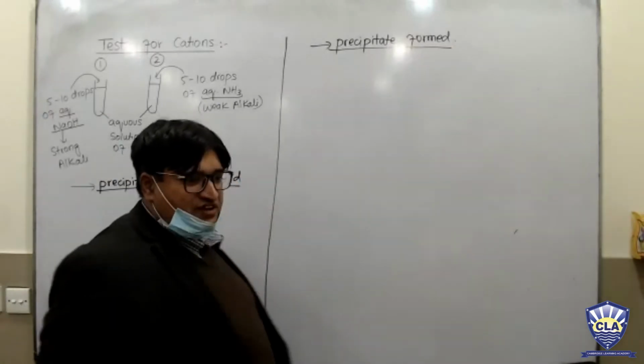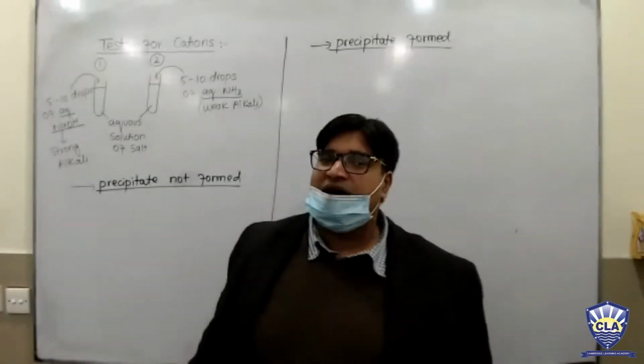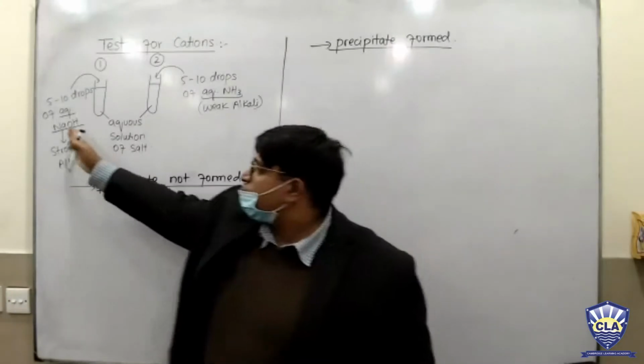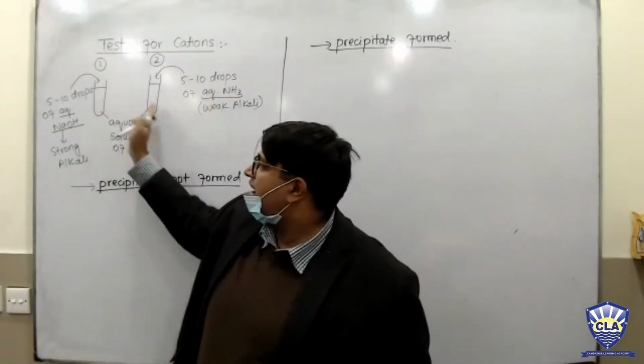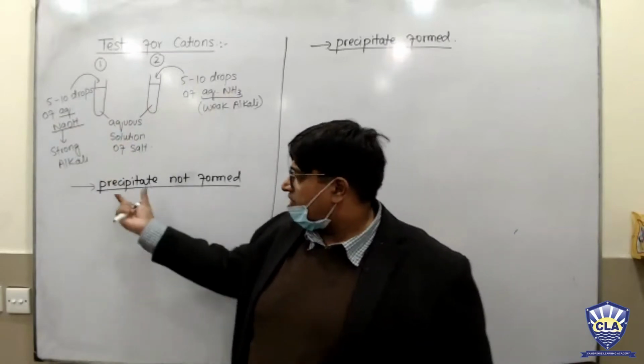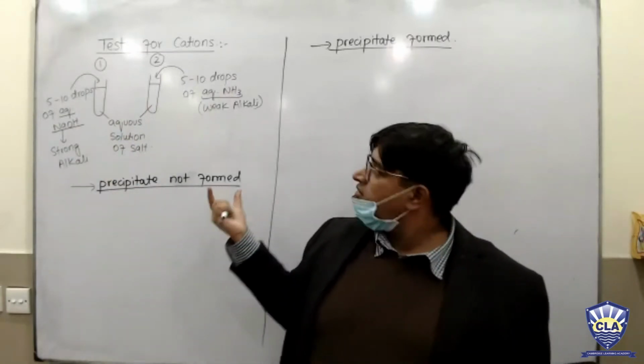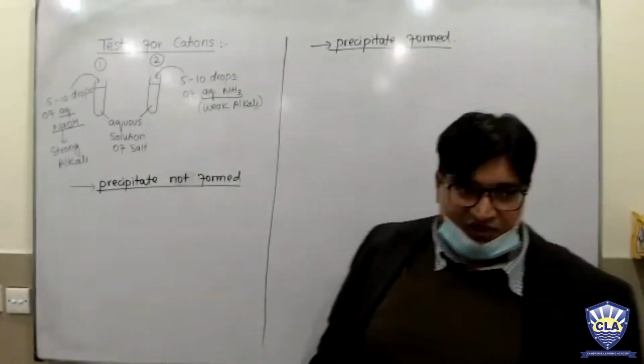So these two outcomes could happen when you add aqueous sodium hydroxide or aqueous ammonia to the aqueous solution of the salt: either the precipitate is not formed, or the precipitate is formed.